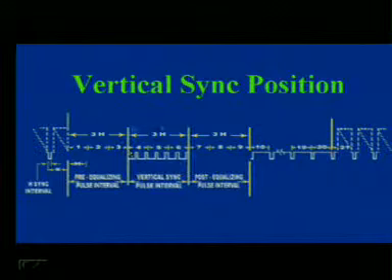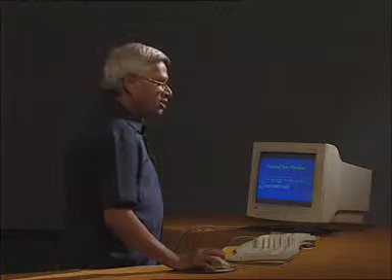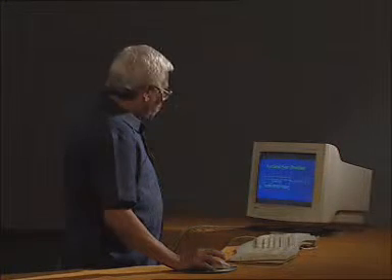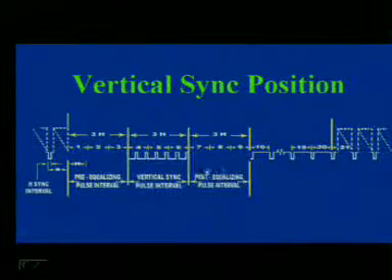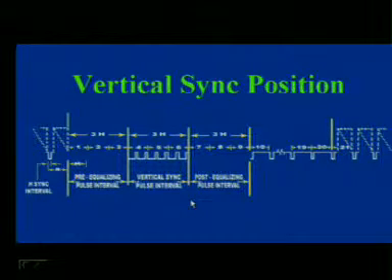To safeguard the vertical sync, pre-equalizing and post-equalizing pulses have been added. You might be thinking, what is the need of these pre-equalizing pulses and the post-equalizing pulses? If horizontal sync can go without pre and post equalizing pulses, then why not the vertical sync pulse?